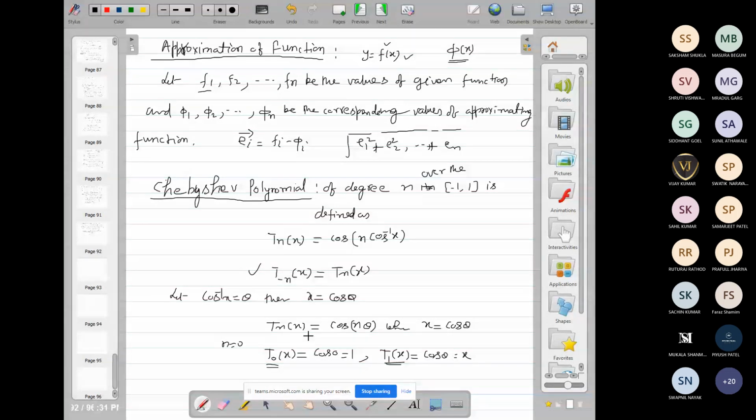And we obtain a recurrence relation by using the formula cos(A+B) plus cos(A-B).